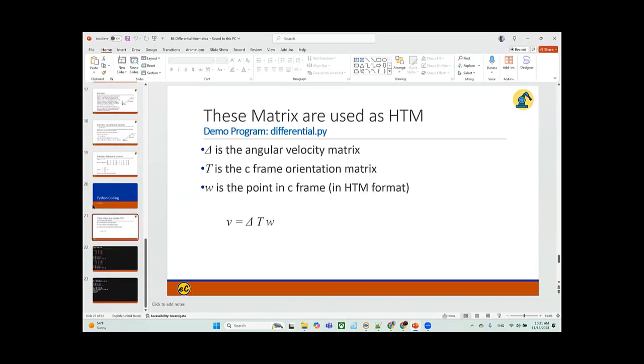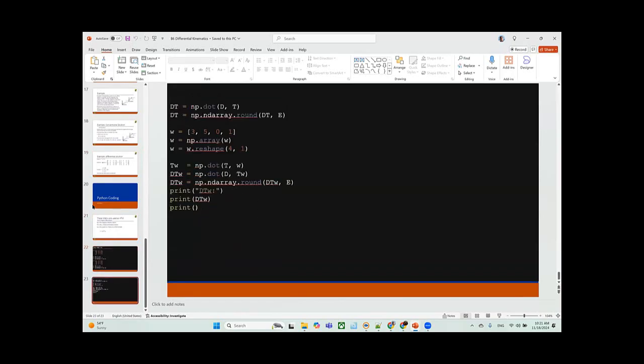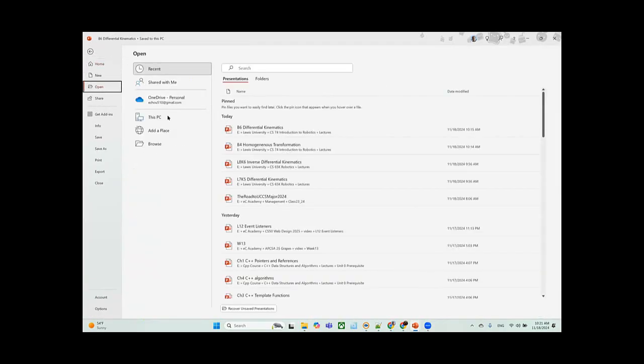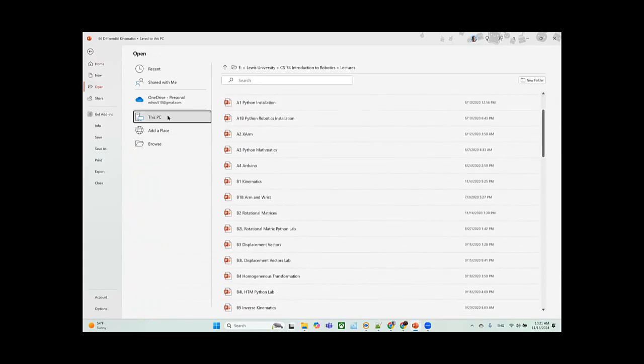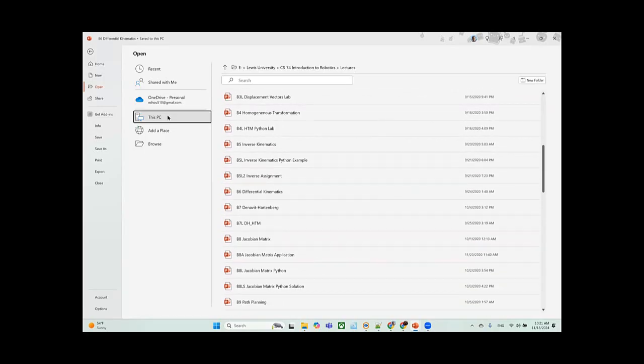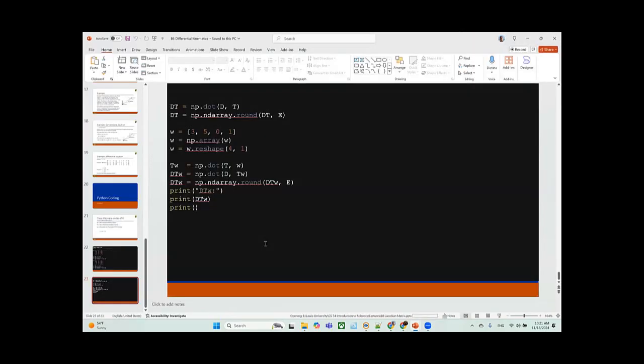So we do have some simple Python code to actually model the differential matrix. So this one is the differential matrix, differential kinematics. And then this one is the Jacobian matrix.